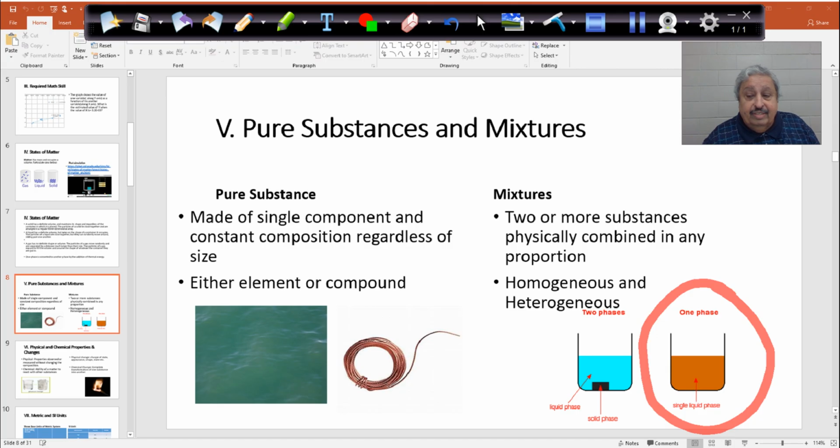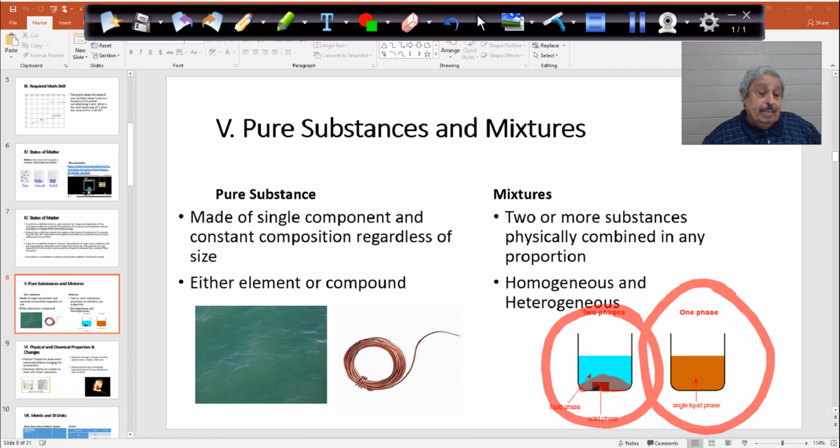Is this homogeneous or heterogeneous? Homogeneous. And this one here, two phases, heterogeneous. This is solid at the bottom, so if you add too much sugar and less H2O, the sugar will be at the bottom. It's not soluble. You exceed the maximum solubility of H2O as a solvent, therefore you have a supersaturated solution.